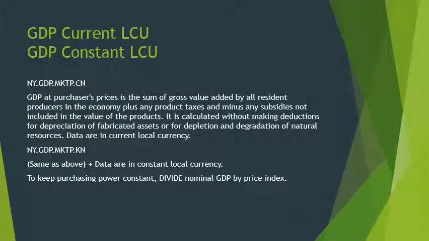Later in this lecture, we will be working with GDP, or gross domestic product, in current LCU, which stands for local currency units, and also GDP in constant LCU. These are defined to be the set of all commodities produced by the domestic economy in a given year.